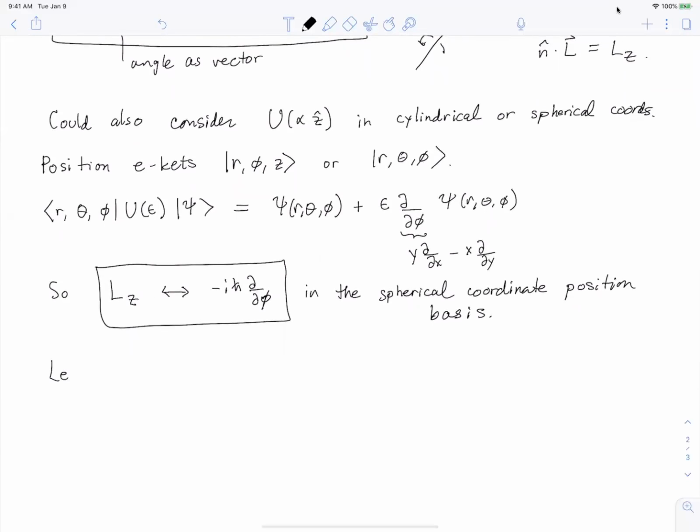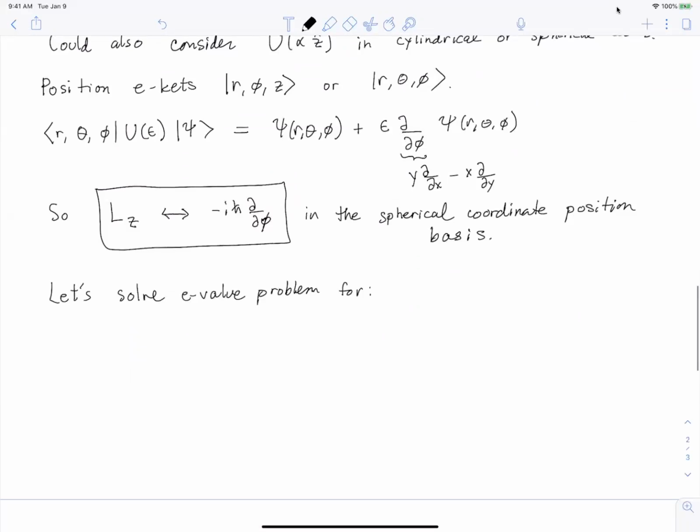Okay, so let's solve this eigenvalue problem for this operator. The eigenvalue problem is the operator acting on an eigenket, which we're going to call L sub z, is equal to a number times the same ket.